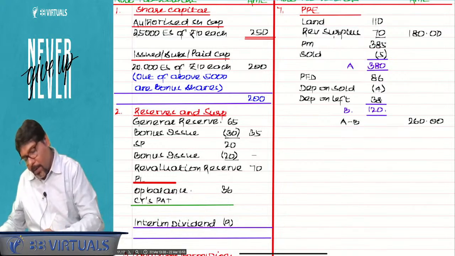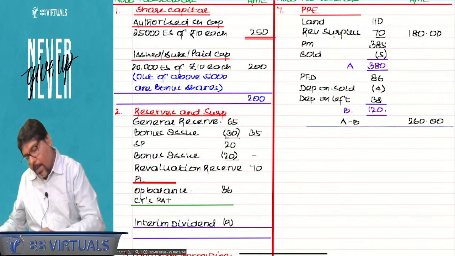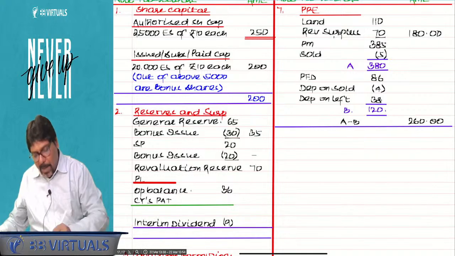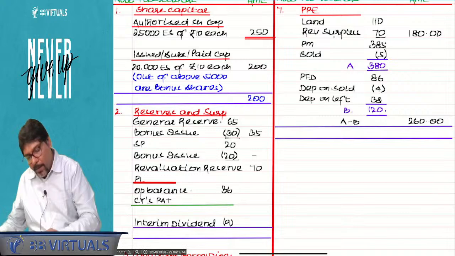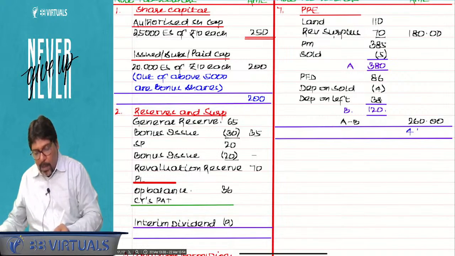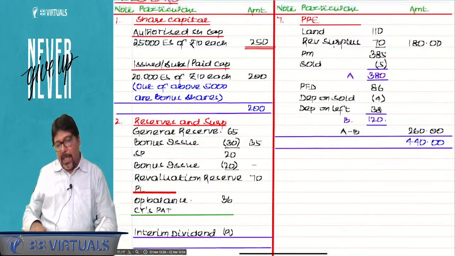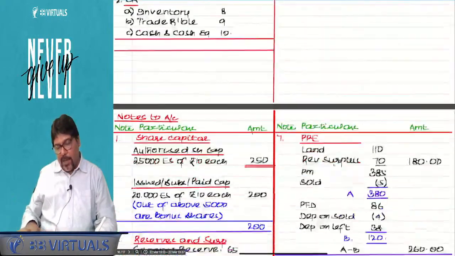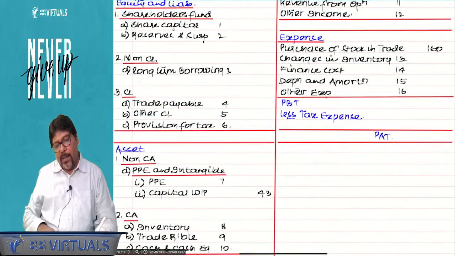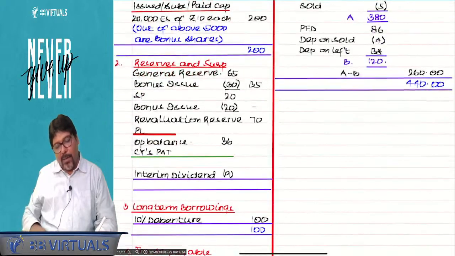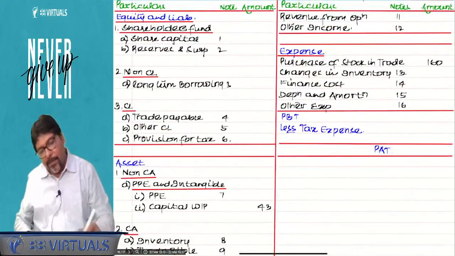Land and plant and machinery, if you add, my wonderful chartered accountants, what will you get? 440. Correct, incorrect? Correct. Long-term borrowings, 100.